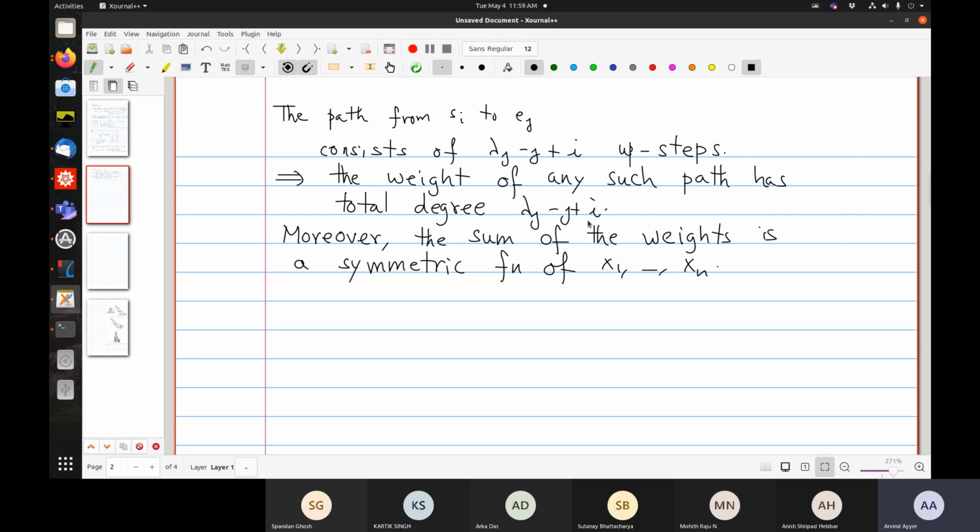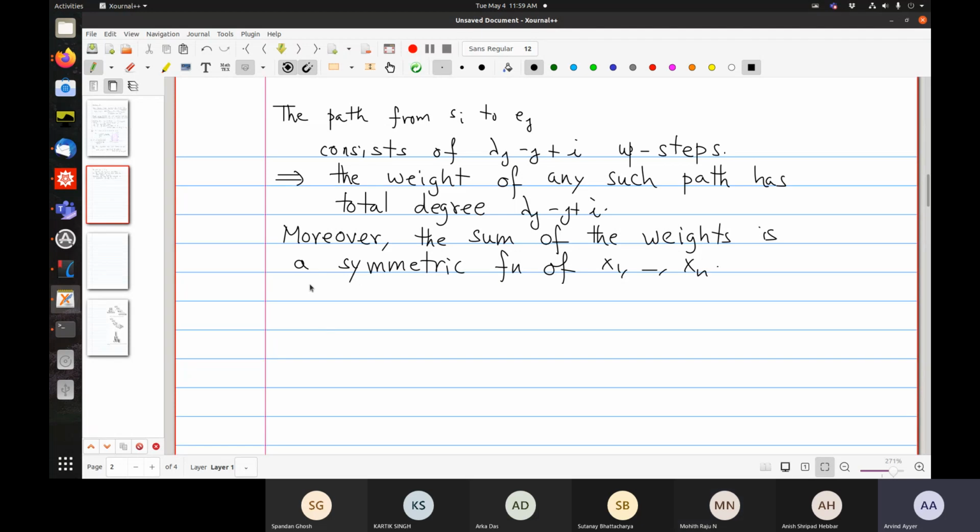So what kind of symmetric function is it? I think it's the complete homogeneous function, right? Yes.